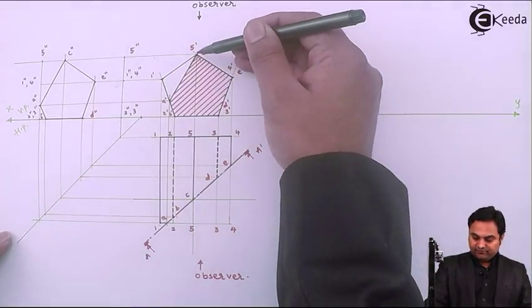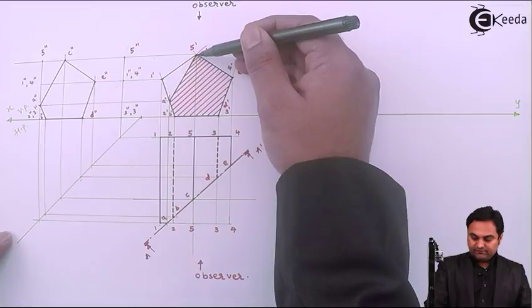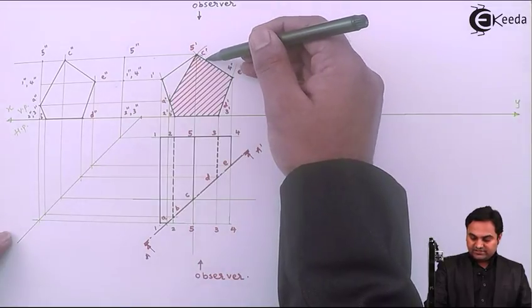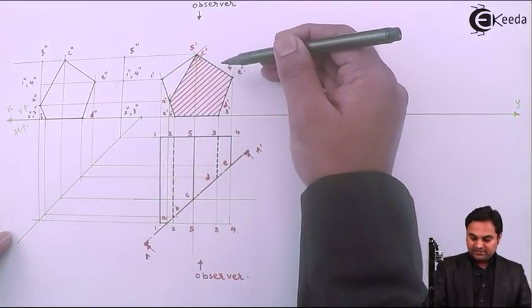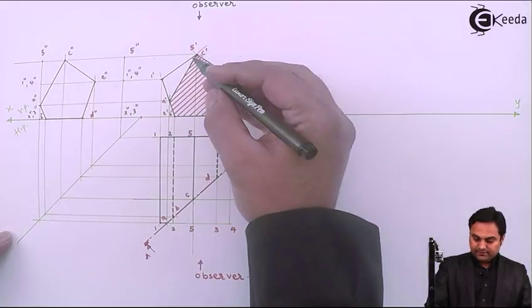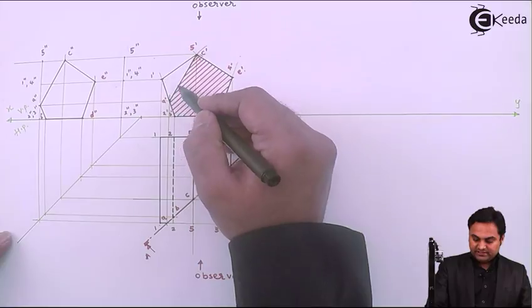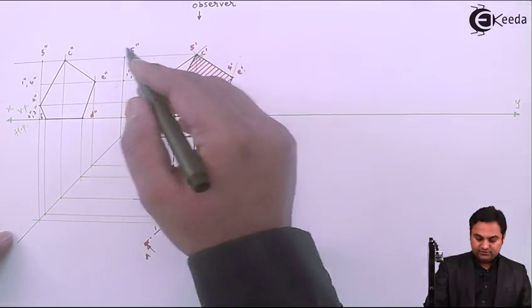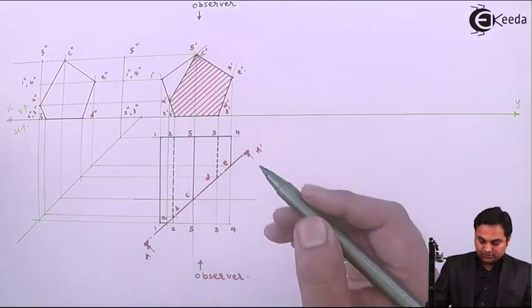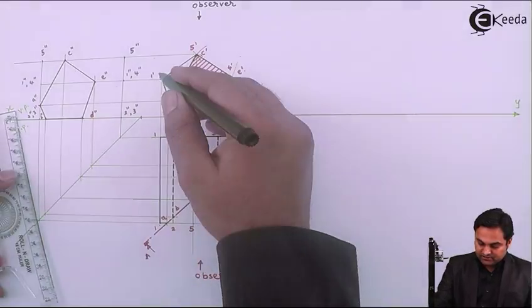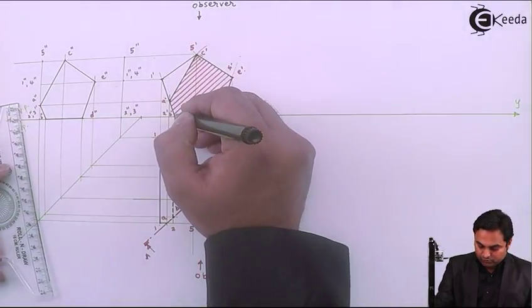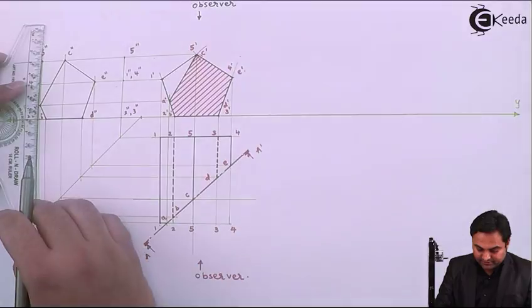Next, 5C, 5 dash, 5 dash and C, at the same time 4 dash and E, they are connected. Then from 5 to A dash, it is a dark line. So 5 double dash to A double dash should be a dark line. Similarly, A to 2 and then 3, they are connected.